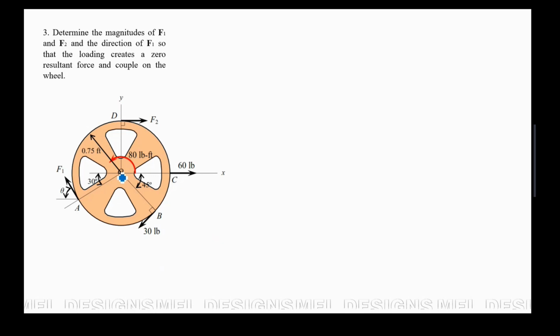Okay, so this is the wheel and it is subjected with four forces, F1, F2. Let's say this is F3 and this is F4. Pinapakuha yung value ng F1 and also the direction of F1 and yung magnitude ng ating F2. Okay? So, ganun pa rin.